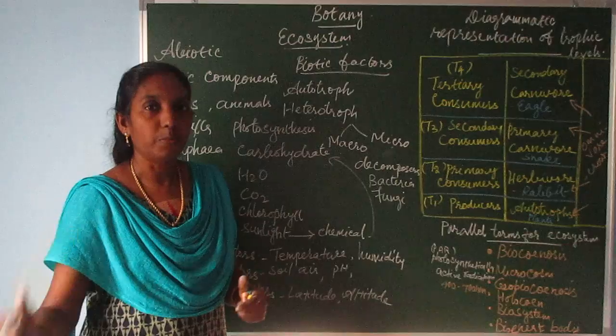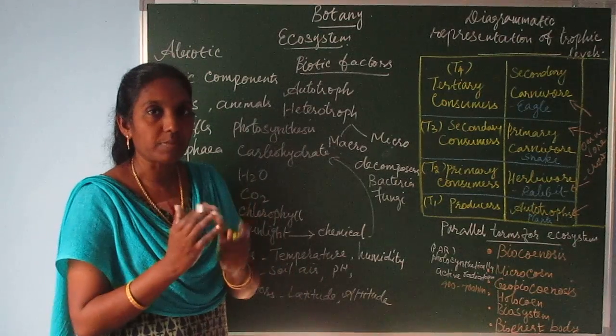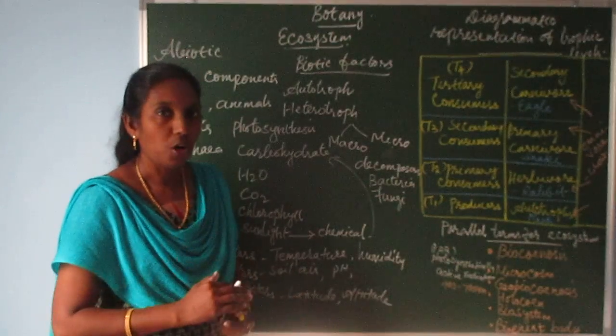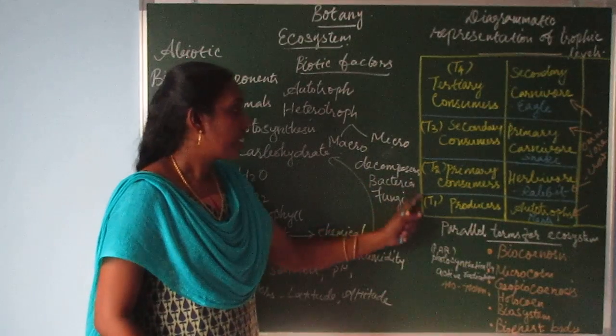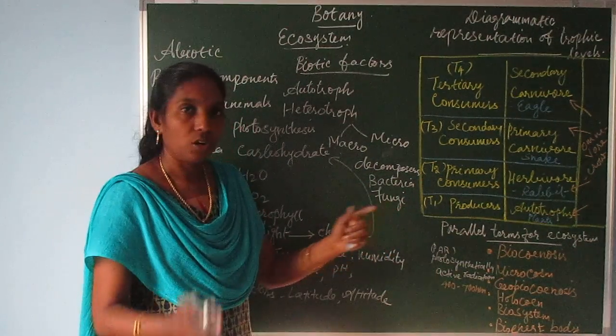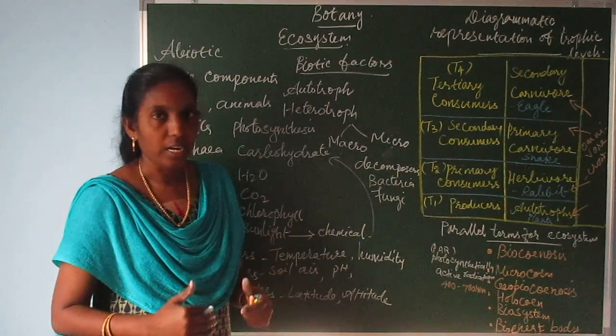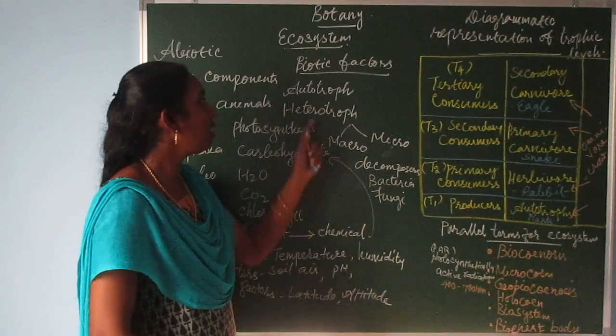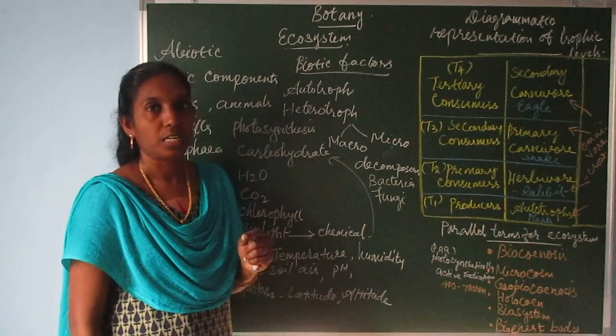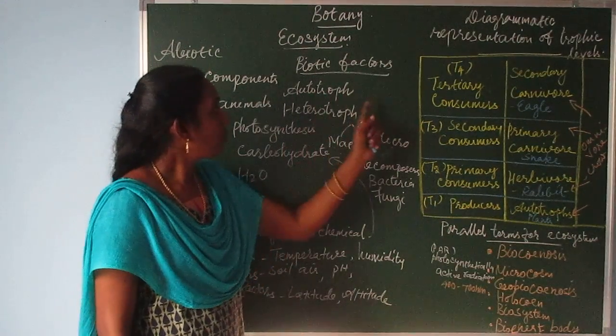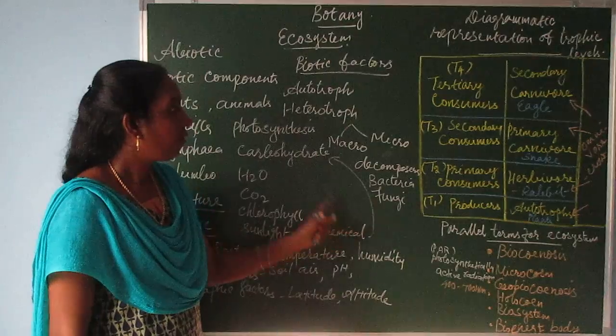They degrade all the complex substances into smaller substances. Example, bacteria and fungi are called decomposers, which decompose the plants and animals, which is again utilized by the plants, autotrophs.